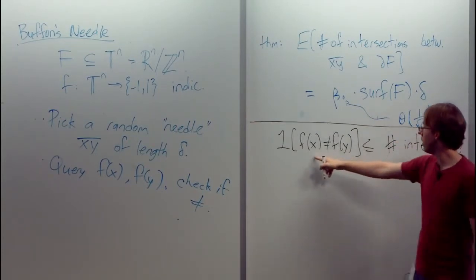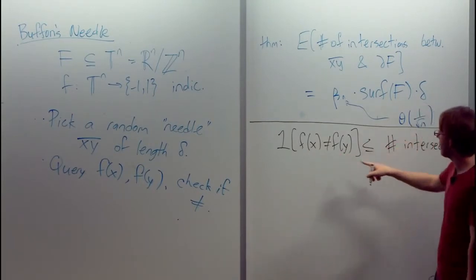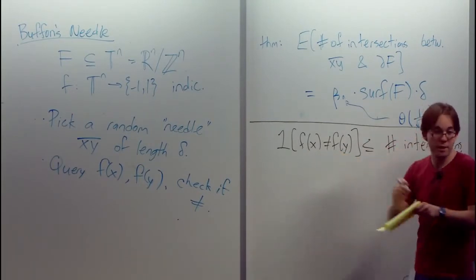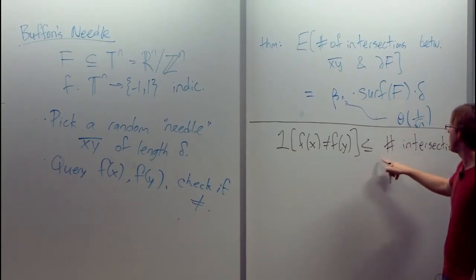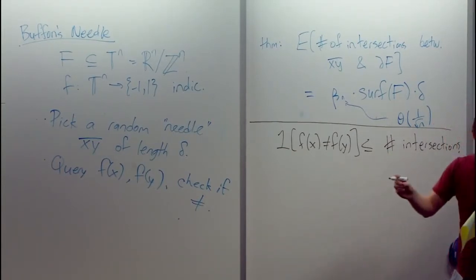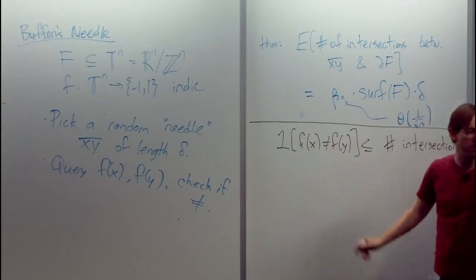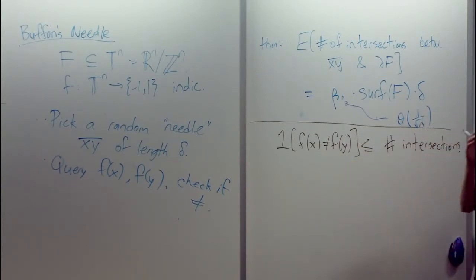Because if they're equal, this is 0, nothing matters. If they are not equal, then it has to cross the boundary somewhere. Now, this could be not equality, right? It could cross the boundary 2 times, and then these would be equal, or 4 times. So it's just an underestimate.